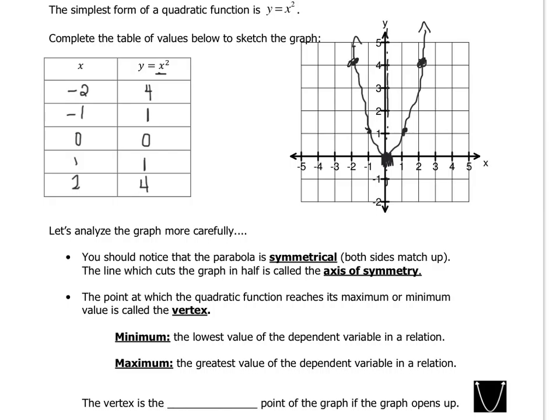So this line that's cutting it down through the middle is called the axis of symmetry. And the point at which the parabola reaches its low point, in this case right here, is called your vertex. If the parabola opened this way, this would be your vertex.